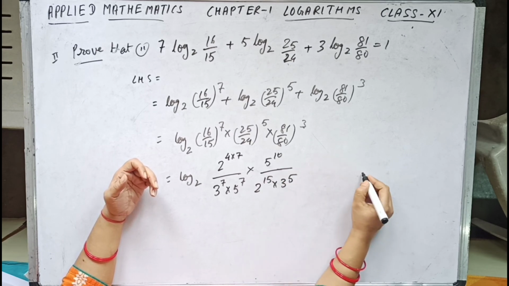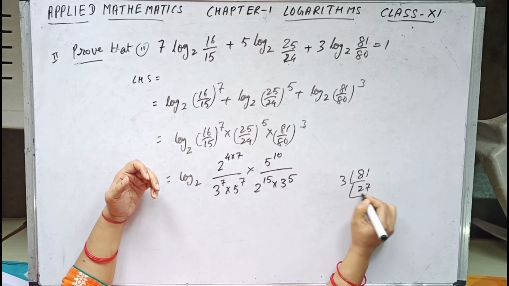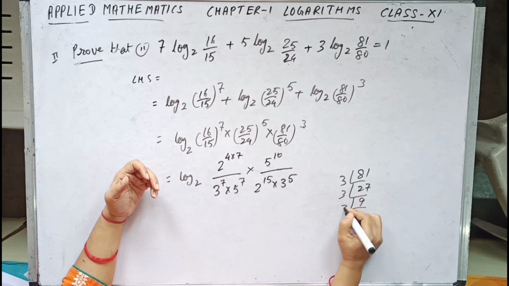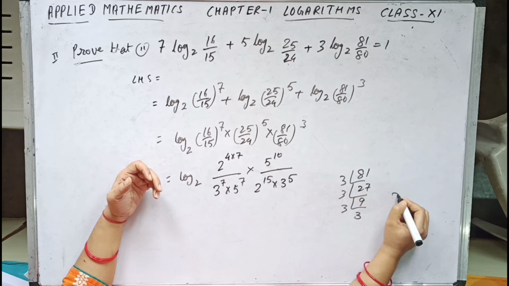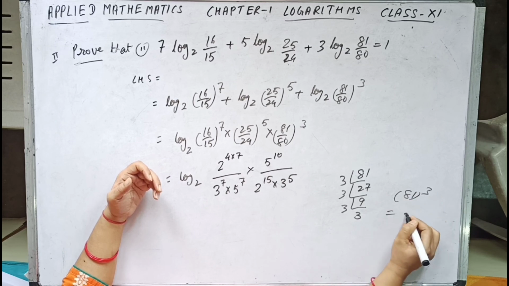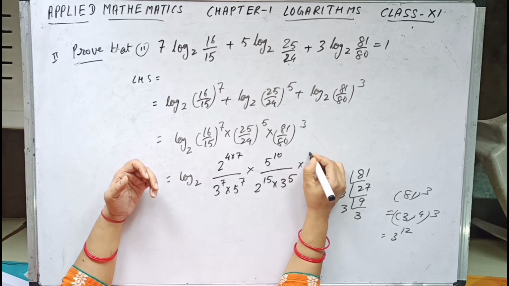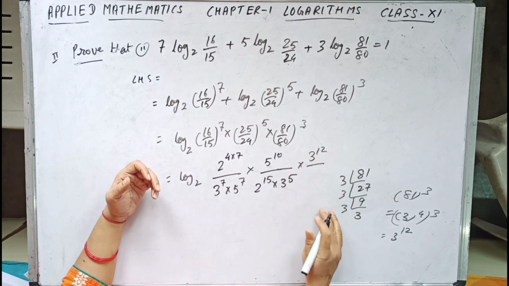Next is 81. 81 is 3 power 4. So 81 power 3 will be 3 power 4 power 3, so it will be 3 power 12. So we can write this as 3 power 12 divided by 80.